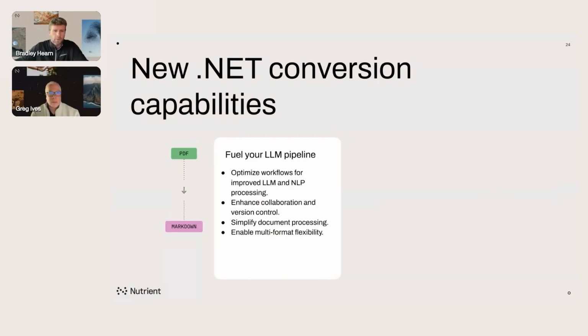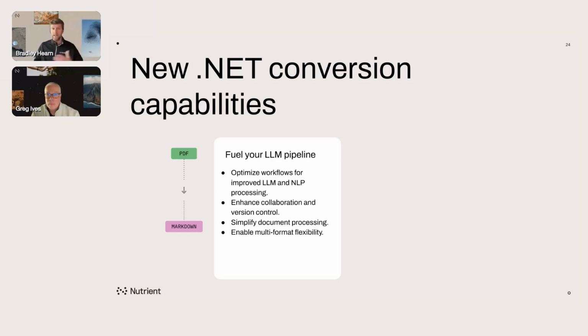All right, so as Greg just showed, AI Assistant brings document intelligence to mobile. But as you know, when you're training models, powering search, or building your own AI workflows, the format of the data can matter just as much as the model. And so that's where our new .NET SDK conversion updates come in. With PDF to Markdown conversion, you can transform complex documents into clean, structured content that's easy to process with LLMs and other AI tools.